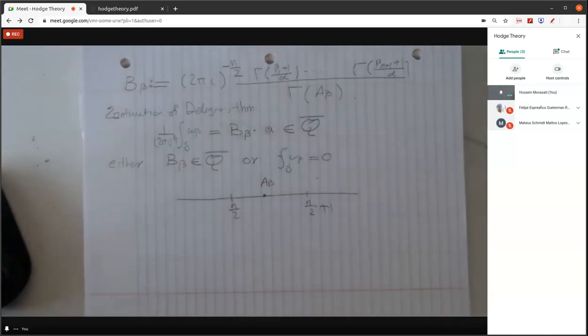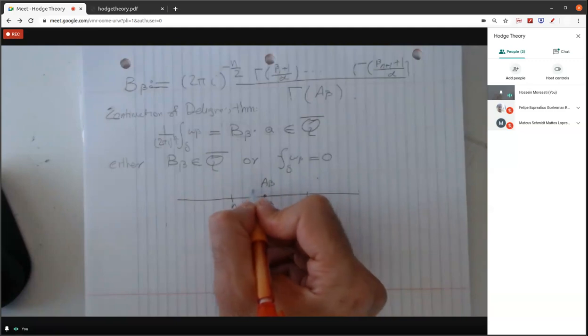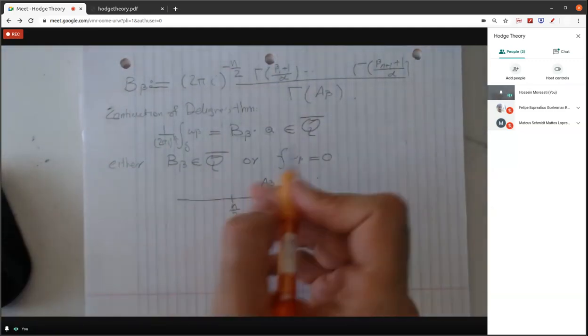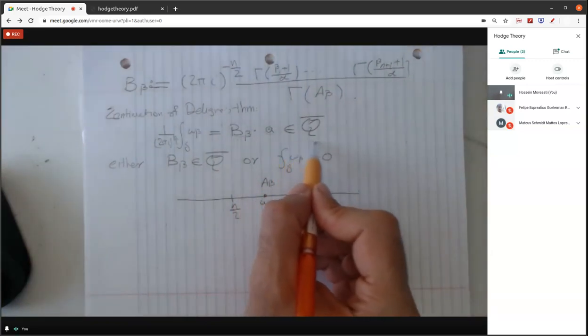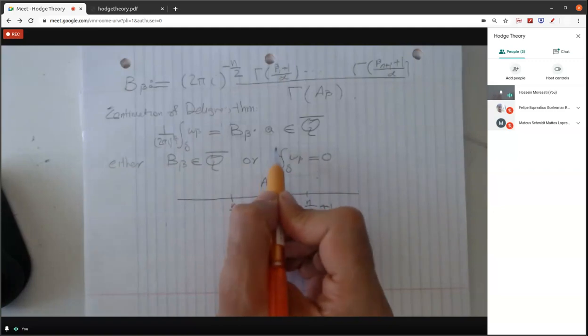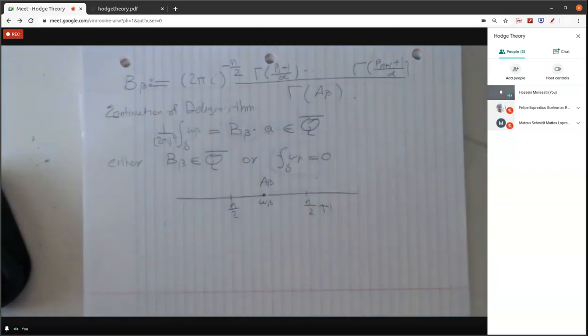Okay, so the point is that we have this differential form omega beta, with beta between n half and n half plus 1. So the integration of the differential form over the Hodge cycle must be either 0 or this b beta must be an algebraic number.